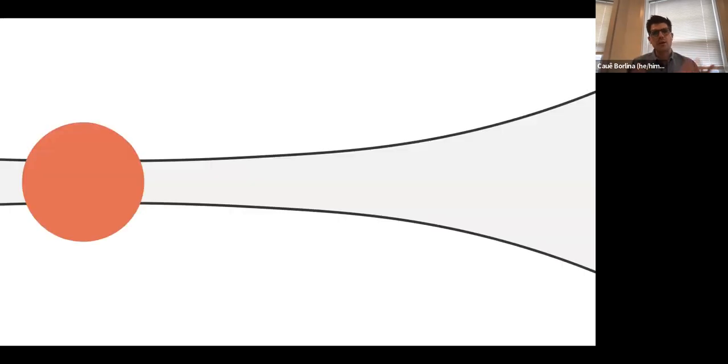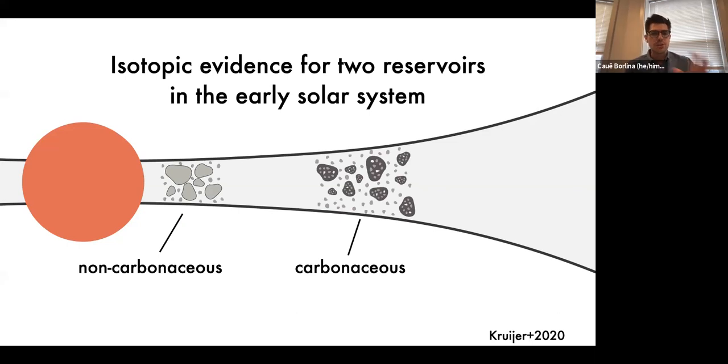And in fact, when we look at our early solar system, we see something very interesting, specifically when we measure meteorites and their components. We see what people have called the great isotopic dichotomy. Essentially, when you make isotopic measurements of meteorites and their components, we observe two families of meteorites.